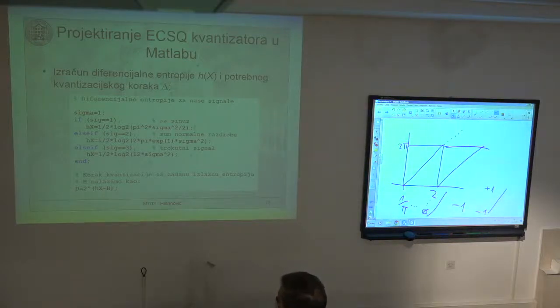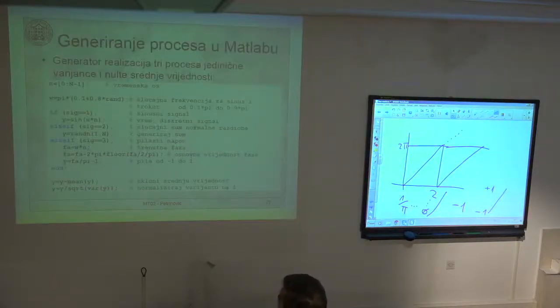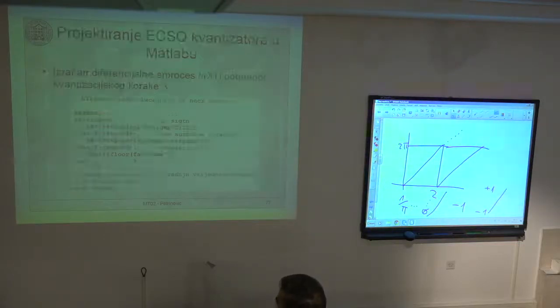Now we have H of x, that is differential entropy, and we also have the capital H, which defines the channel capacity. So we have selected a certain channel capacity. It is in the code in front. We initialize this capital H to a given value, for example, 3 bits.